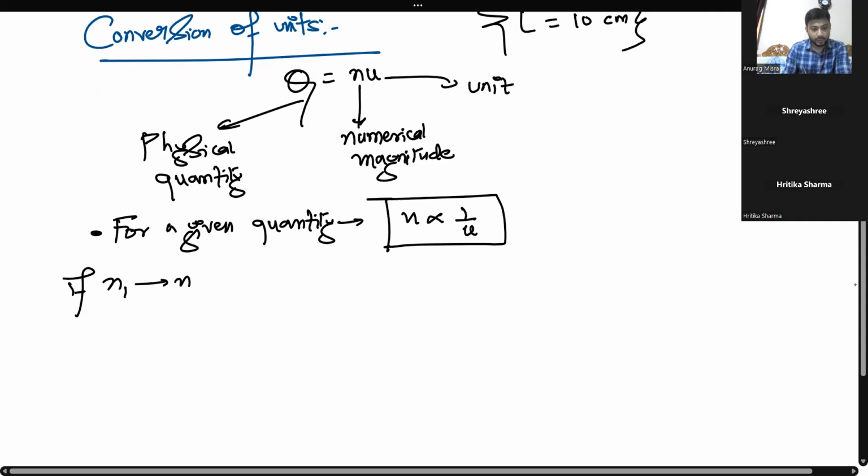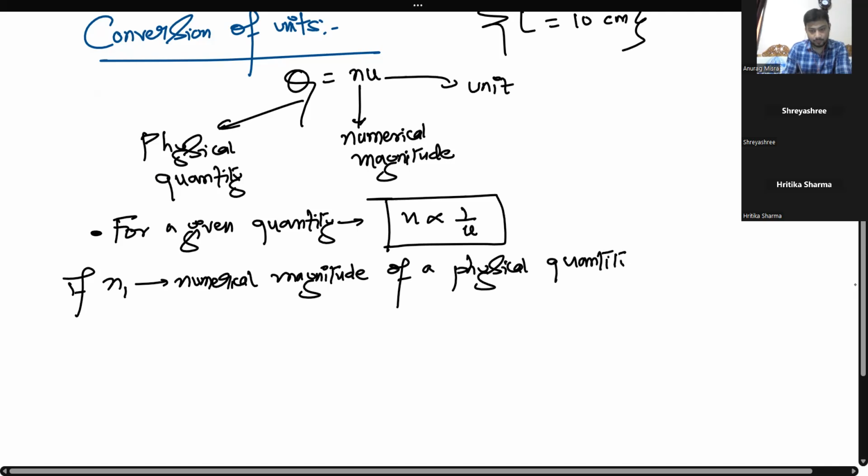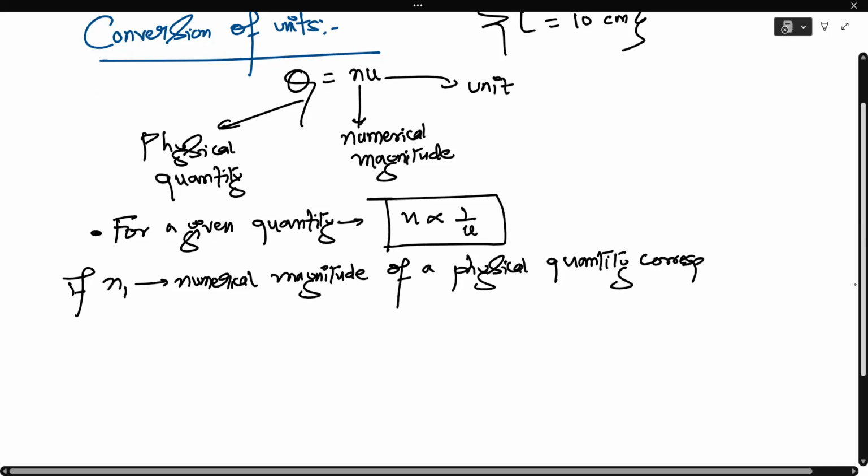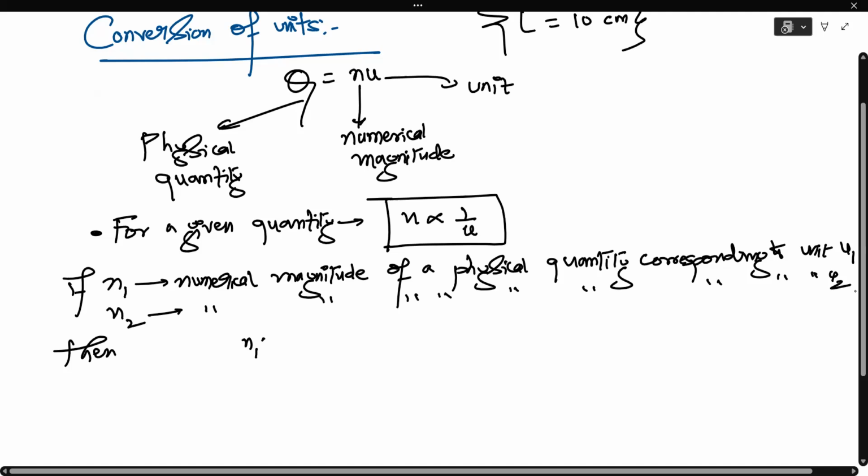So automatically, if N1 is the numerical magnitude of a physical quantity corresponding to unit U1, and if N2 is the numerical magnitude of the physical quantity corresponding to unit U2, we can say N1 multiplied by U1 should be equal to N2 multiplied by U2.